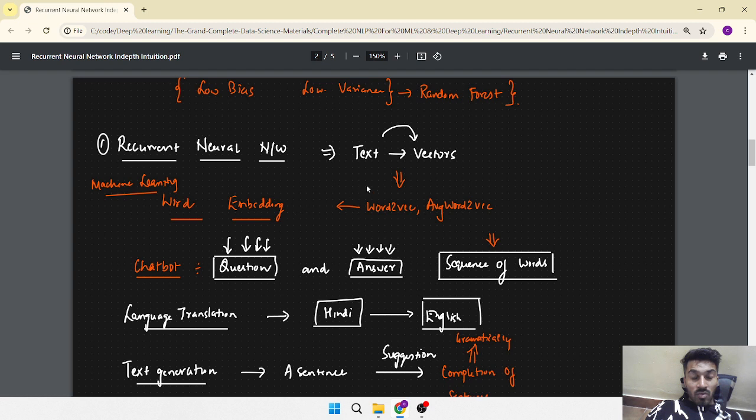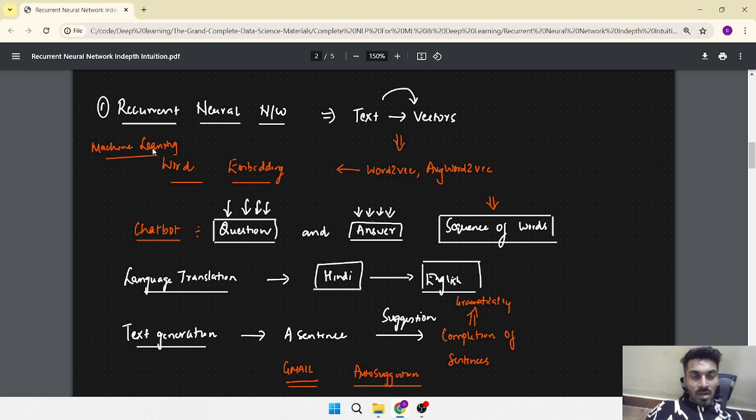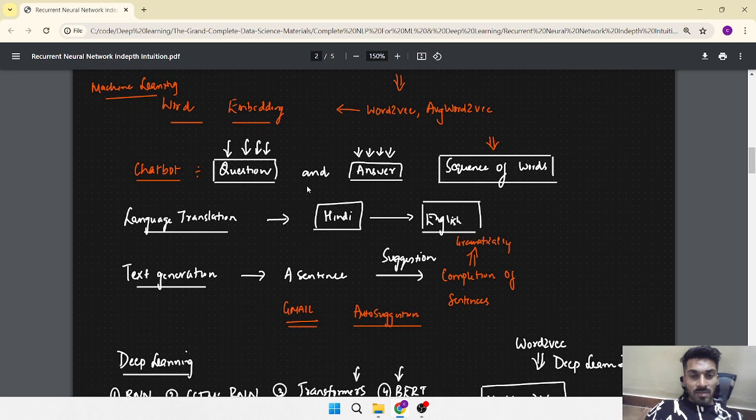Nowadays we use embeddings as vectors. An embedding is a good representation of English in math so that our model can understand it easily. Examples are bag of words and average word2vec algorithms.